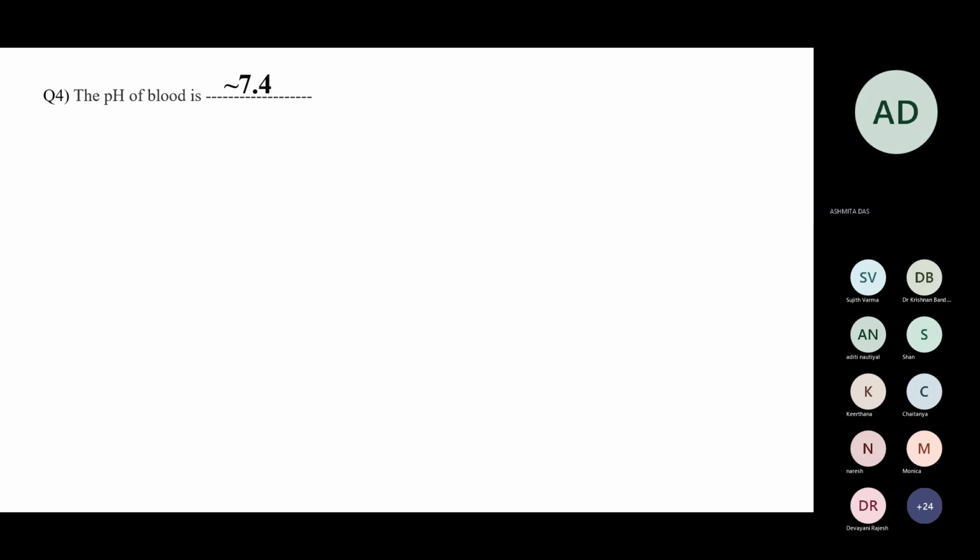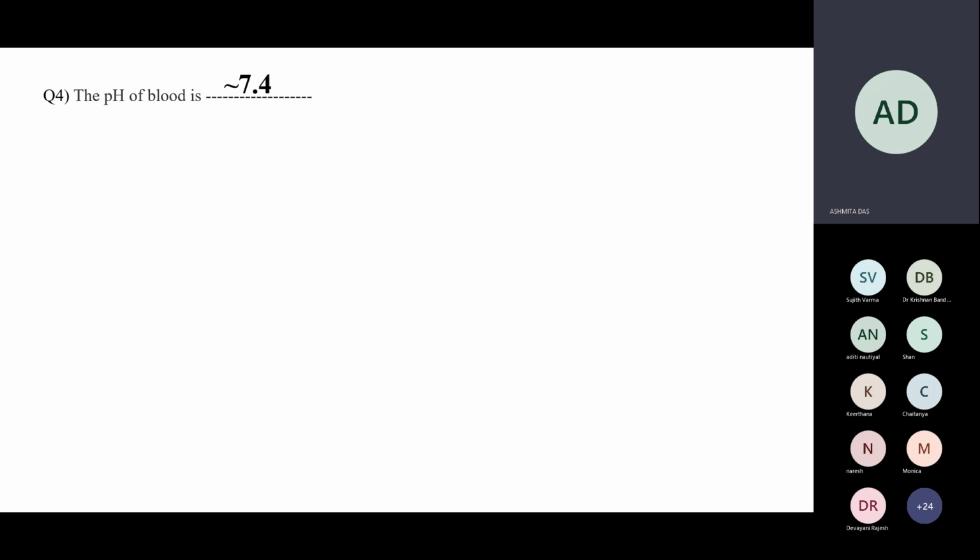Basically, our body maintains pH by acid-base balance, and it is regulated by two organs. One is the lung and the other is the kidney. Can anyone tell me how lung or kidney help to maintain the pH of the blood?